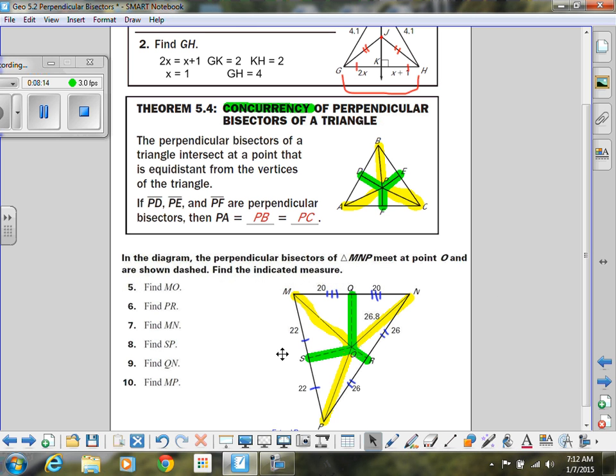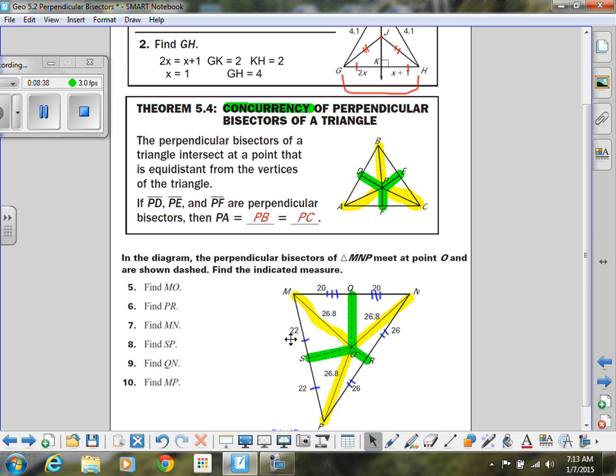Also, we said all the yellow lengths are the same length, and they labeled this yellow length 26.8. So I'm going to label that one 26.8, and I'm going to label this one 26.8. So from here on out, if they want me to find all of these lengths, it's going to be very easy. All I have to do is look at my diagram. So MO, that's from here to here, that's that yellow length, so that will be 26.8.